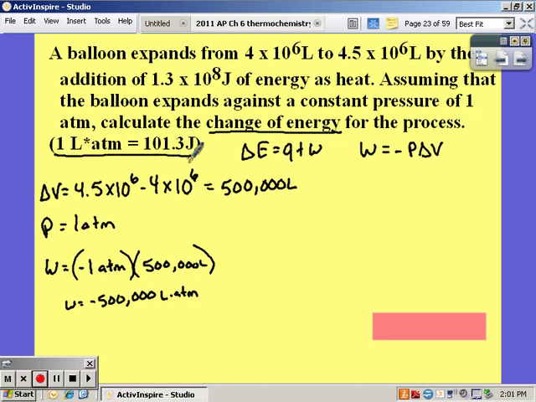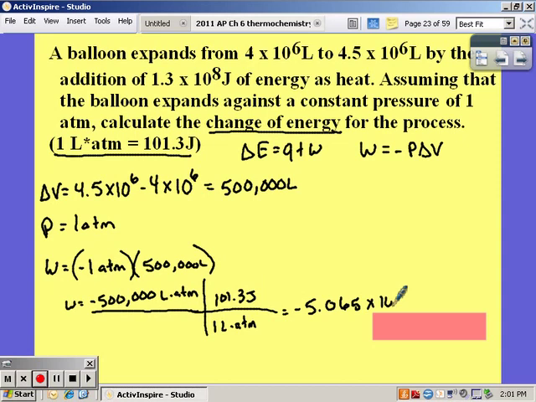We need to convert that to joules though. They gave you the conversion. So that's negative 5.065 times 10 to the 7th joules. We needed our work to be in joules because our energy is in joules, and we're going to add those up. It says we added 1.3 times 10 to the 8th joules of energy as heat, so that's positive.